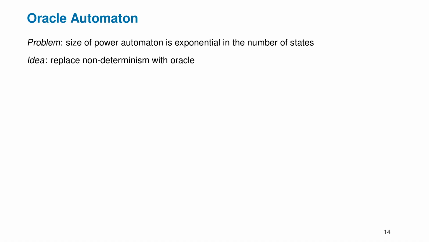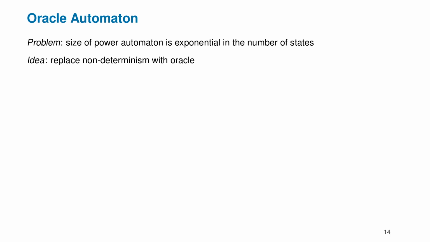What we have seen was this on-the-fly construction, so we considered only those states that were reachable from an initial state, and the hope is that the power automaton does not need all the states or needs only a few states, but it can be shown that in the worst case all states are needed. There are such cases. And this is a real practical limitation because then the power automaton is too big and cannot really be used.